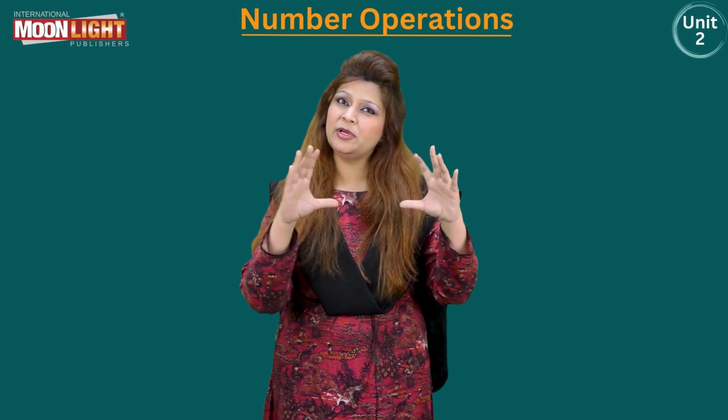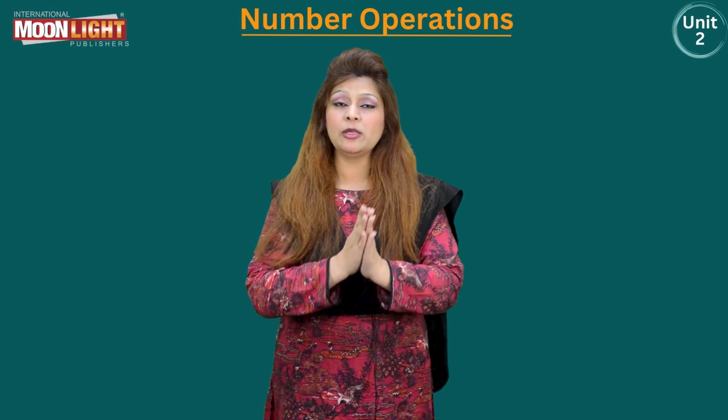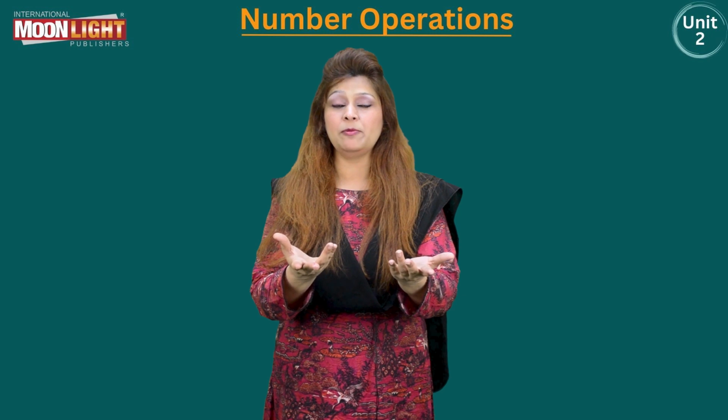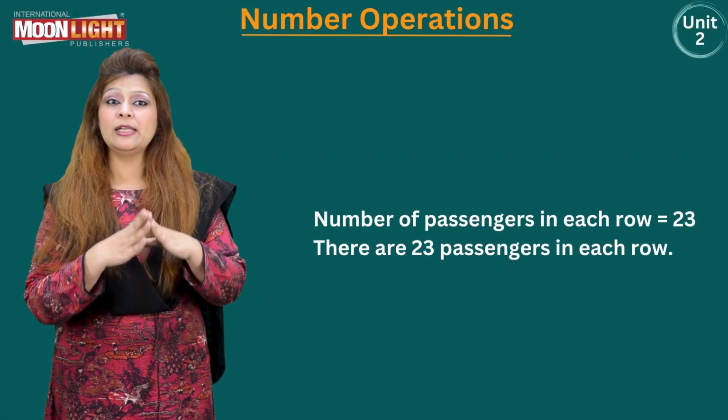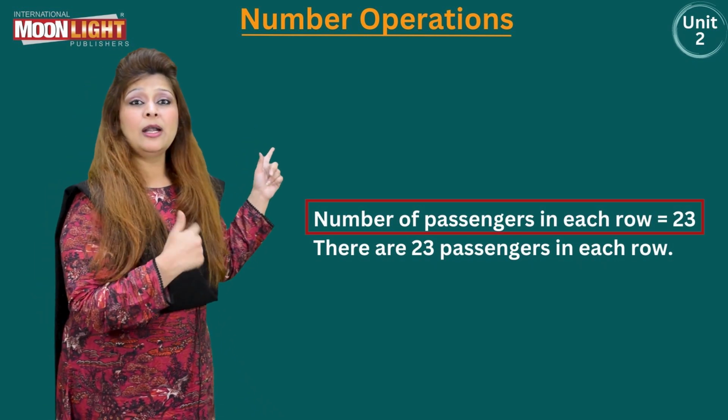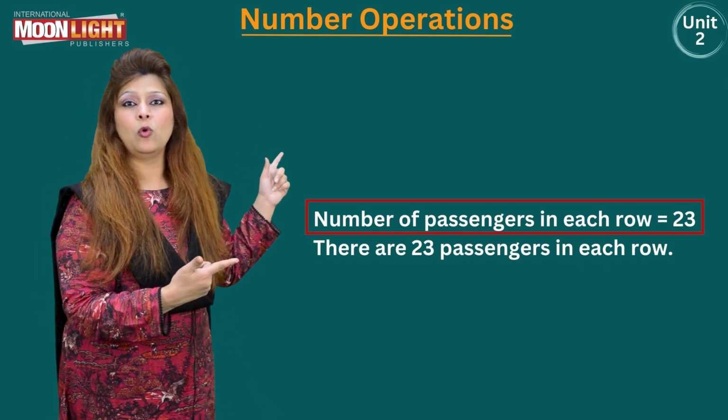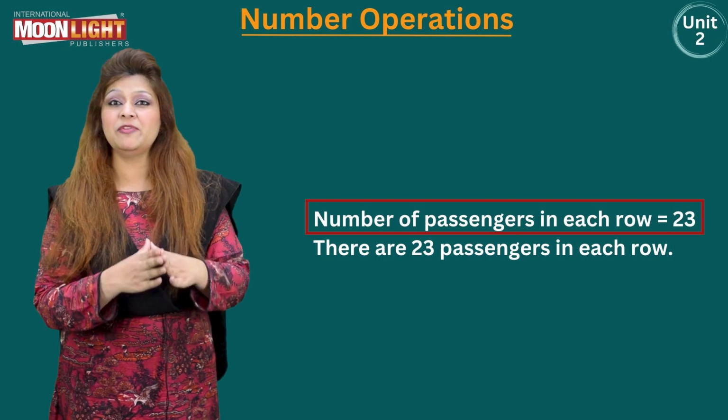Instead of writing a bigger statement, rephrase it so that the whole complete meaning comes from fewer words. So I can write it as number of passengers in each row is equal to 23, which is my quotient.